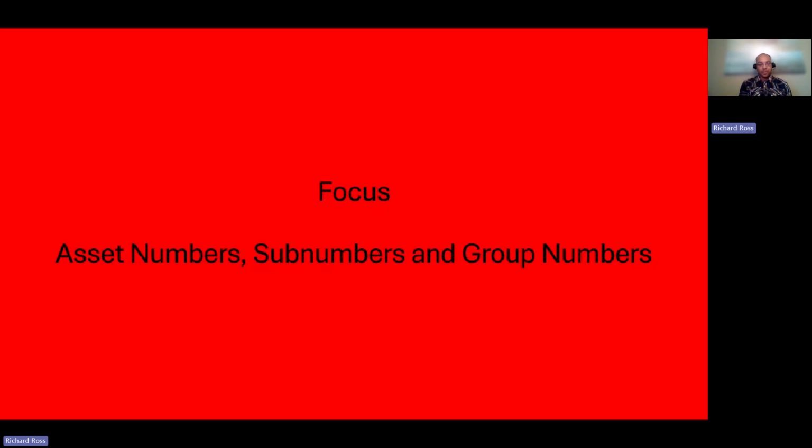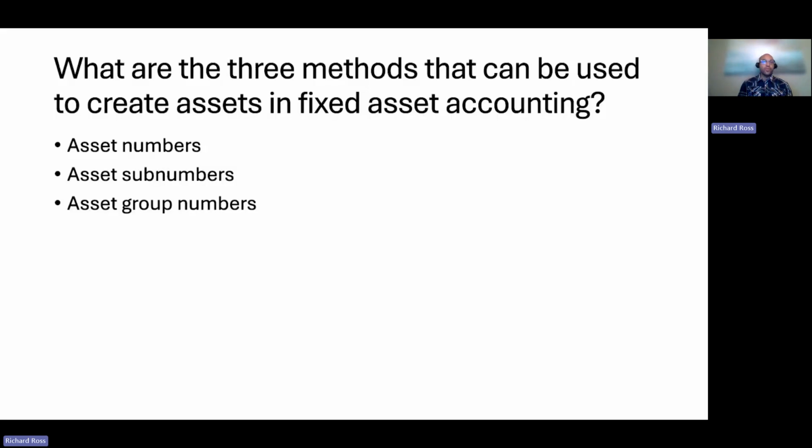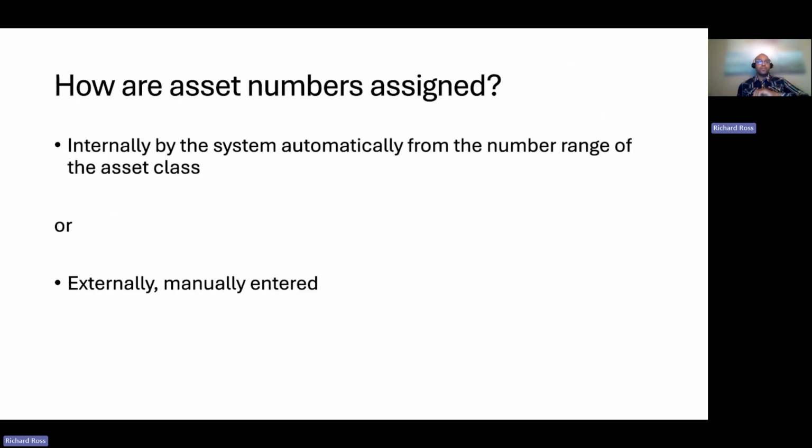Asset numbers, subnumbers, and group numbers. What are the three methods that can be used to create assets in fixed asset accounting? Asset numbers, asset subnumbers, asset group numbers. How are asset numbers assigned?